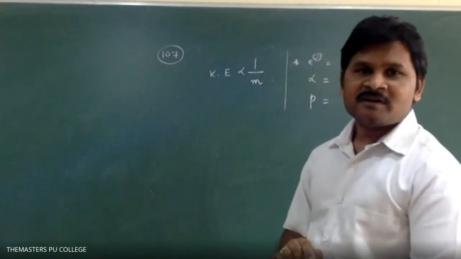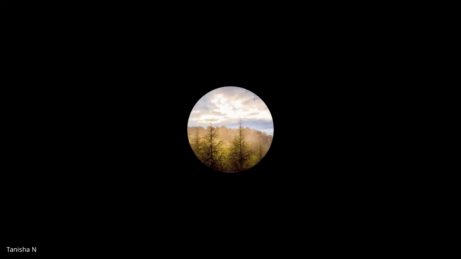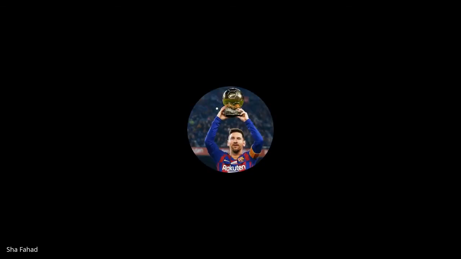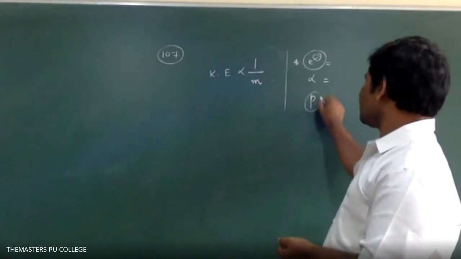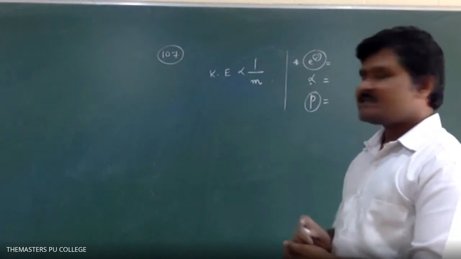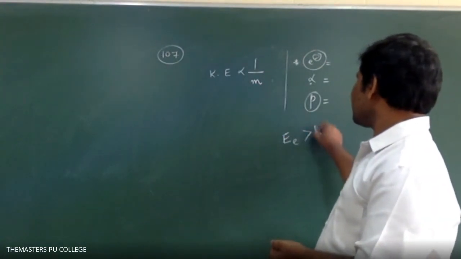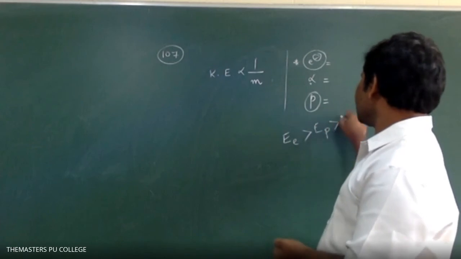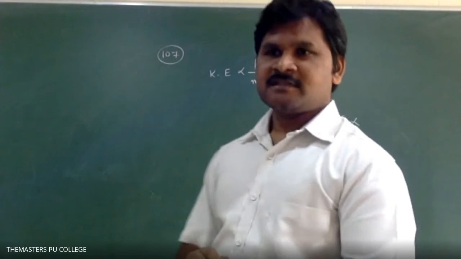The electron has the least mass. Next least mass is the proton. Then the alpha particle. What is the relation? E_e is greater than E_p is greater than E_alpha. That's all.